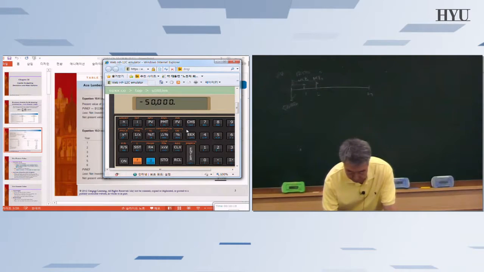Change sign, and put it as CF0. And then 5,000 as CF1, 10,000 as CF2. Just keep pressing CFJ. And what was it, 15,000?